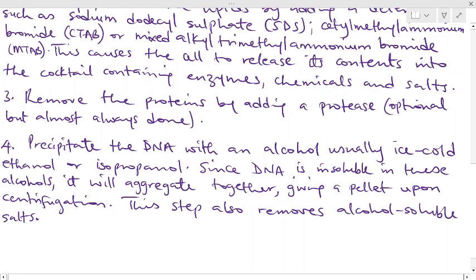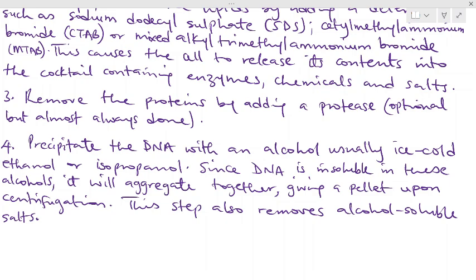DNA extracts often contain a large amount of RNA, proteins, polysaccharides, tannins, and pigments, which may interfere with the extracted DNA and make it difficult to separate. So proteins are removed by adding a protein degrading enzyme like proteinase K through denaturation at 65 degrees centigrade and precipitating using chloroform and isoamyl alcohol.